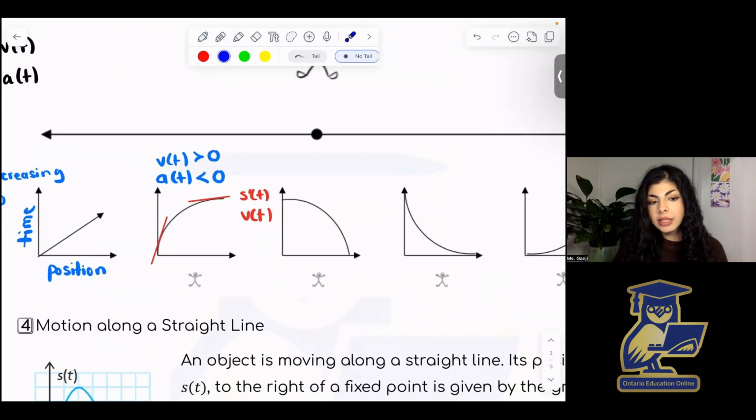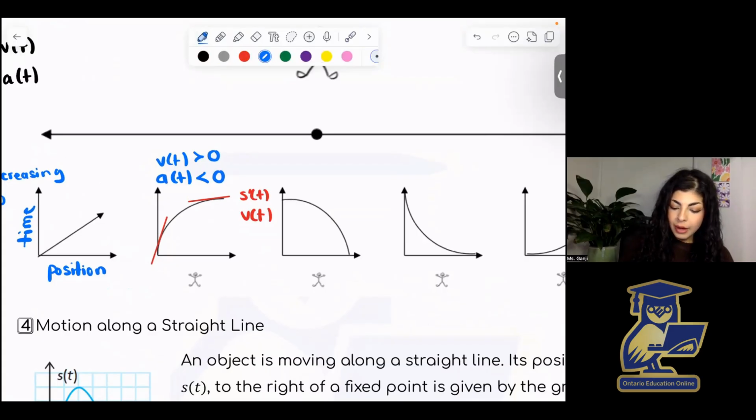And consider acceleration is also the rate of change of these slopes. And clearly we can see that from, for example, this slope to this slope, it is decreasing. So that's why we also have acceleration less than 0. Now, in this next example, we're also going to visualize with those tangents.